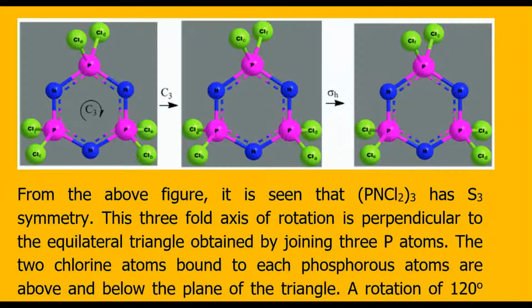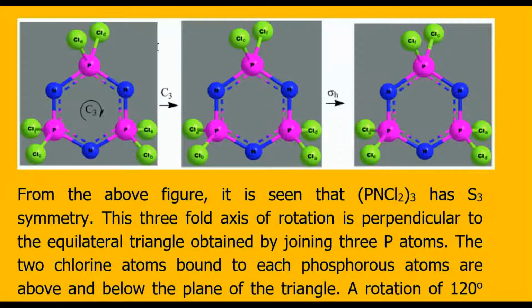So if you perform a C3 rotation along the axis passing through the center of the molecule and perpendicular to the plane of the hexagon, then you will see that this phosphorus atom will move and at an angle of 120 will come over here, whereas this phosphorus atom will come over here. And when this phosphorus atom comes, it will also take along its chlorine atoms also. So just see the result of this C3 operation.